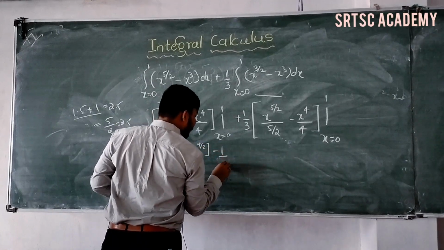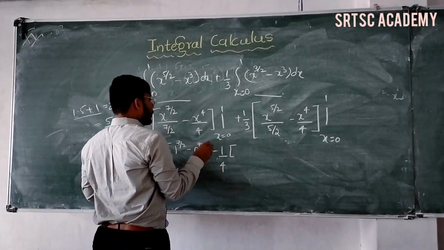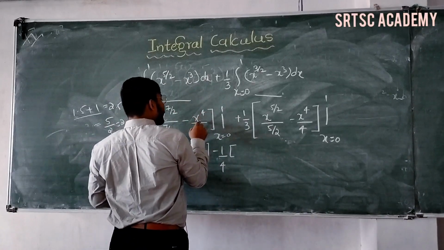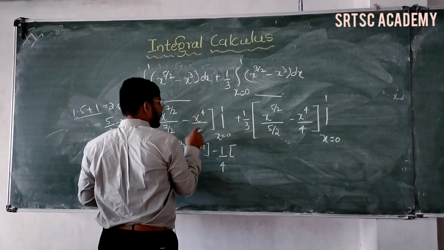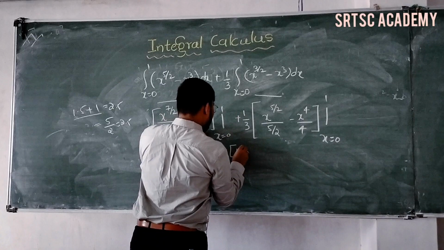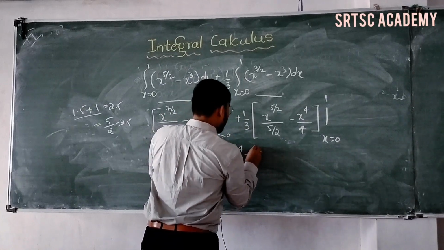Minus 1 by 4 into what? Here x to the power 4 is there. The coefficient of x to the power 4 is 1 by 4. Take 1 by 4 outside, and x to the power 4: 1 to the power 4 minus 0 to the power 4.